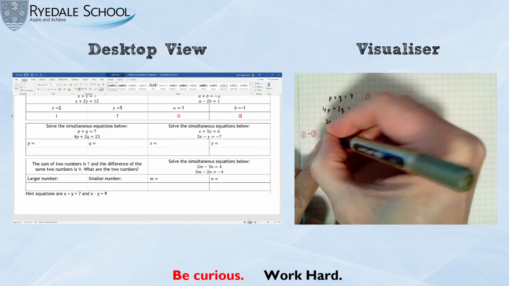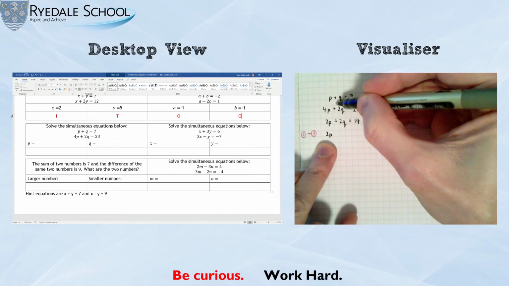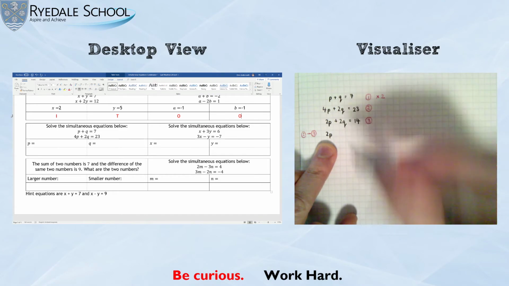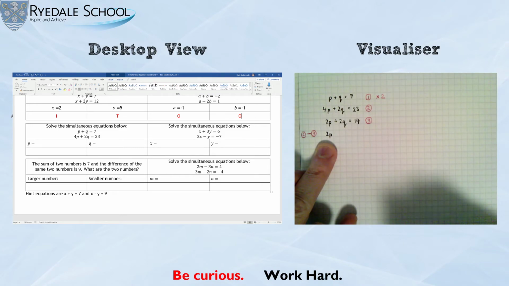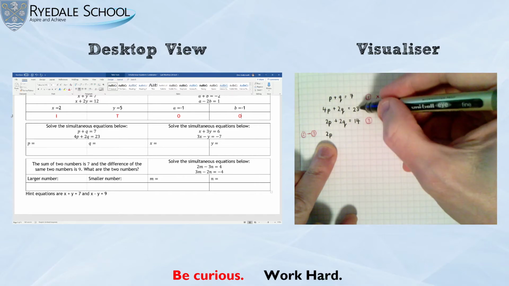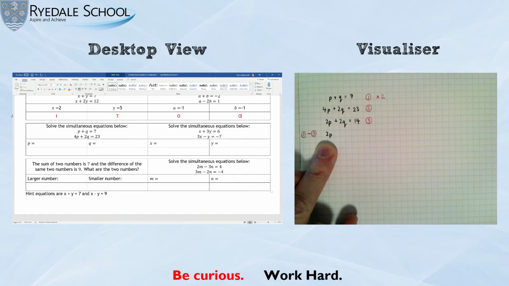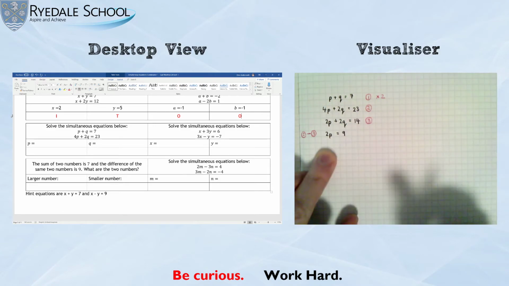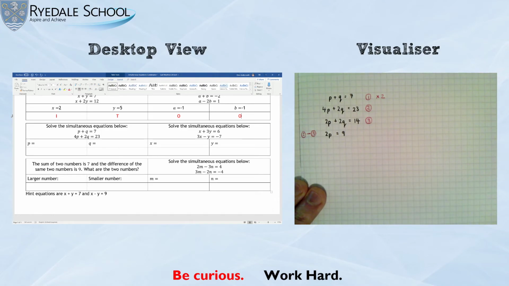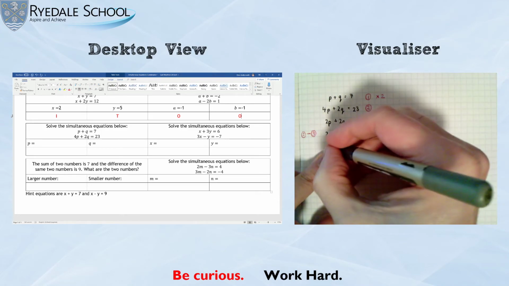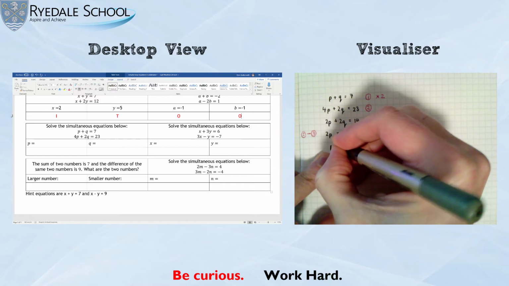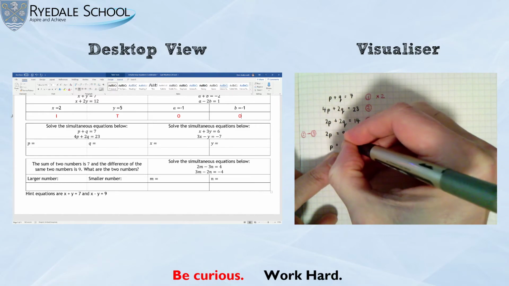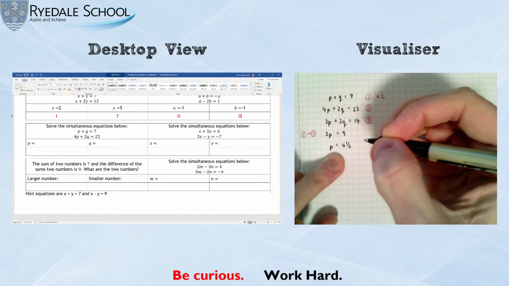That is 2p's. The 2q's, take away the 2q's, is eliminated. So that has gone, that's what we wanted. And 23, take away 14, is 9. So 2p is 9. To work out what 1p is, I'm dividing by 2, and that is 4.5.